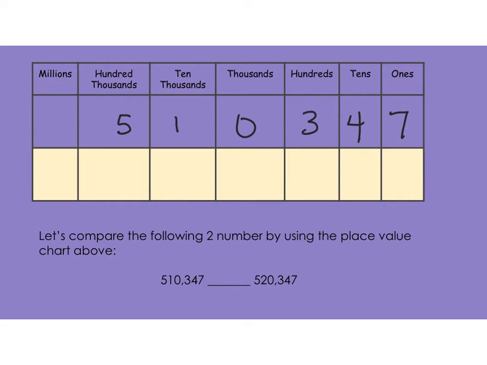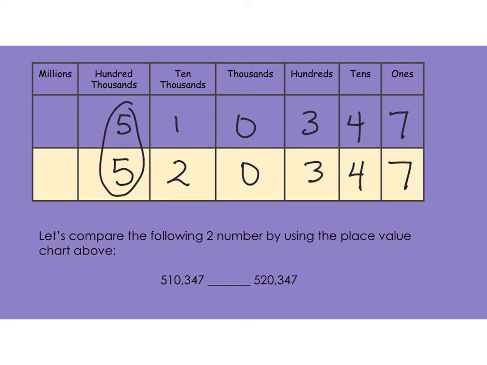And then my bottom number, I have 500,000, 2 10,000s, 0 thousands, 3, 4, and 7. And then I could look and say, okay, these are the same. And then here, I have an extra 10,000, so I know that number is greater. Okay, so we can do it either way. We can use disks, or we could actually use numbers.